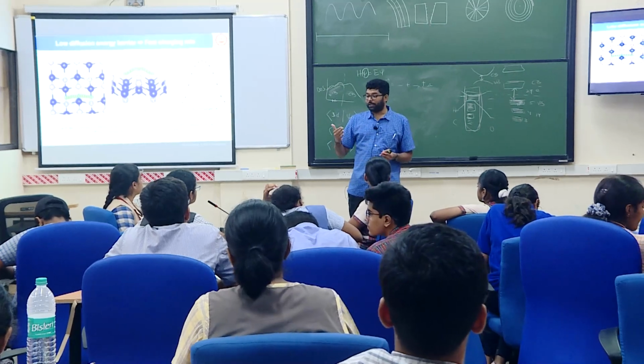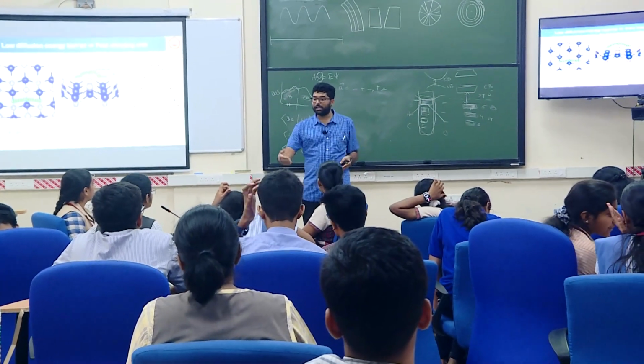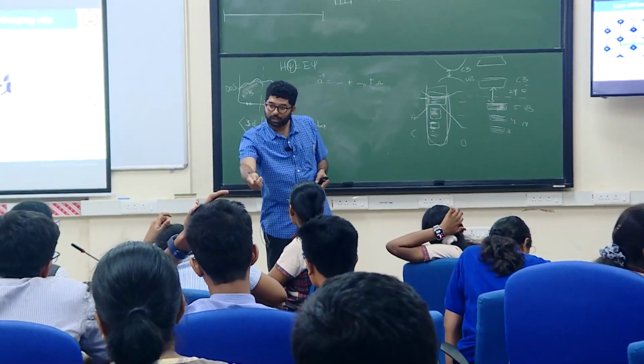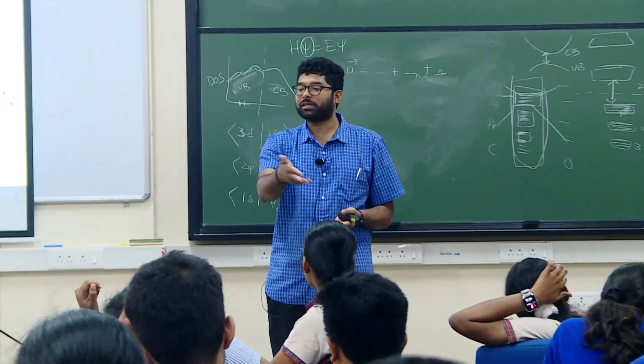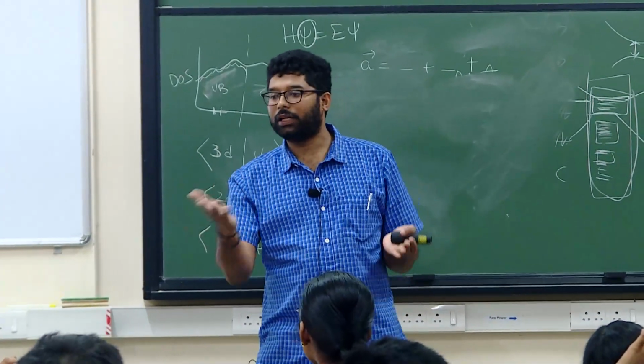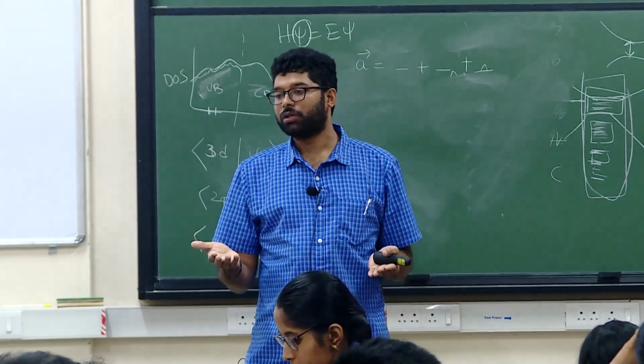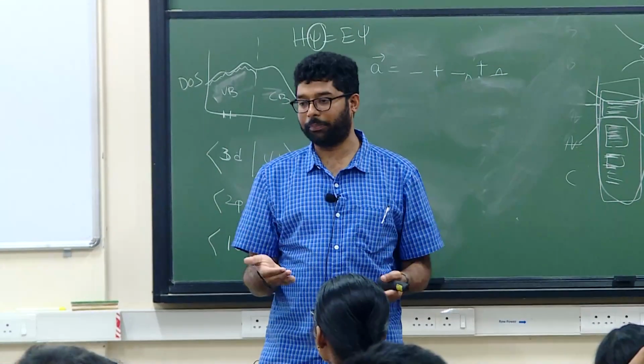Whereas if the difference between them is very high, it is like asking you guys to move from one seat to another. Obviously, because the seats are roughly the same, the difference between them is very little, so for your motion it will be very simple. On the other hand, if I ask you to sit on the bench that is there, that has a higher barrier because that is not similar. Sitting on a bench versus sitting on a chair is different.